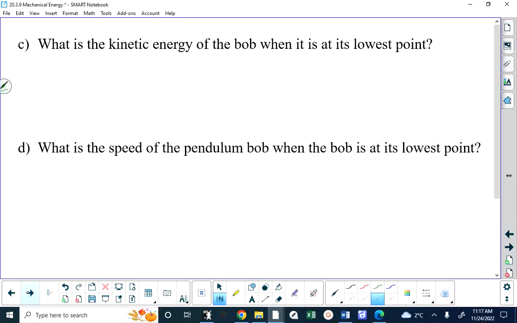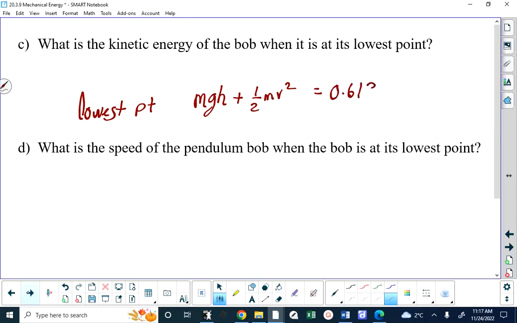At the lowest point, there is potential and kinetic, and this has to equal the 0.613125 joules. What we are asked to do is find this. We want to know how much kinetic energy it has at the bottom.